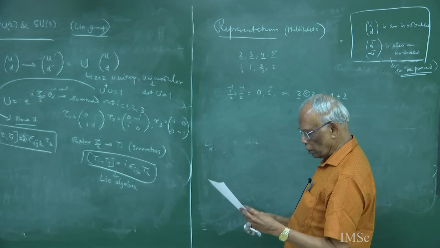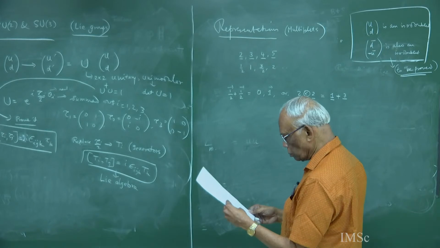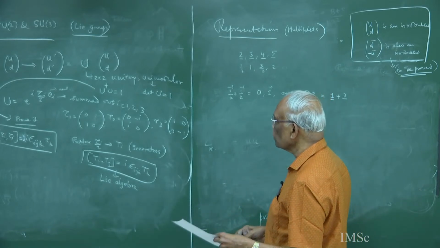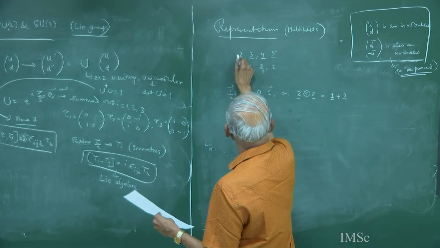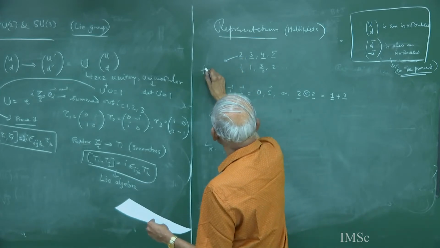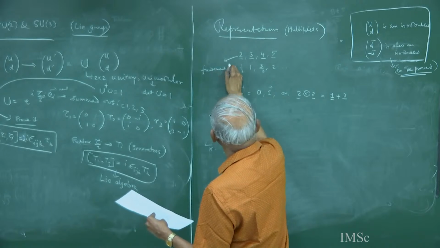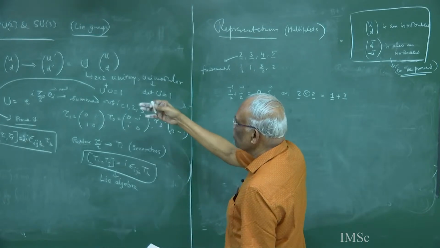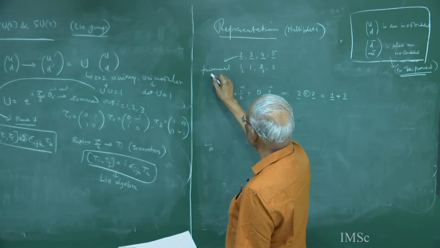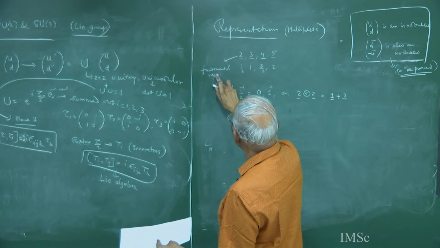These are various ways of thinking about it. So 2 is the fundamental representation of SU2, also called the defining representation. The SU2 group itself has been defined using the fundamental representation. That is why the question came, where is 3 in SU3?